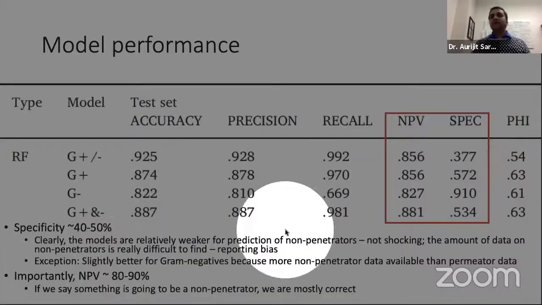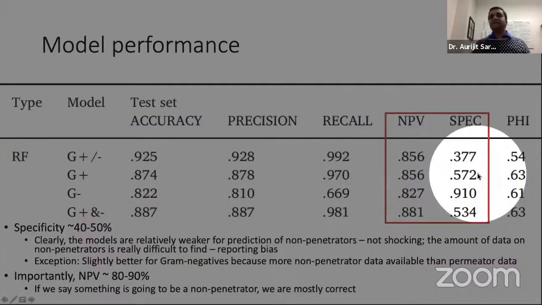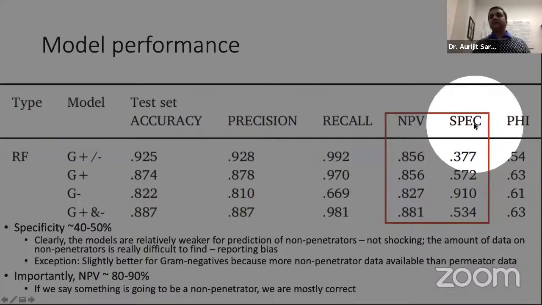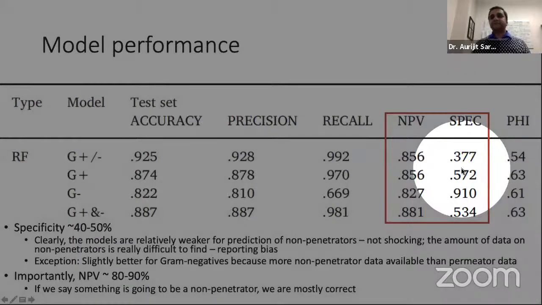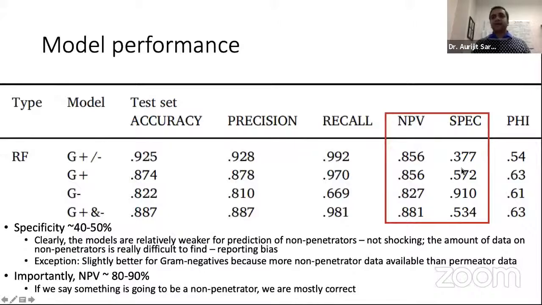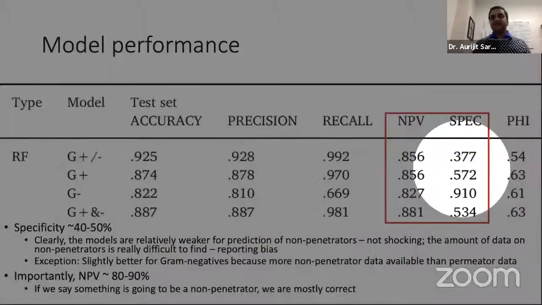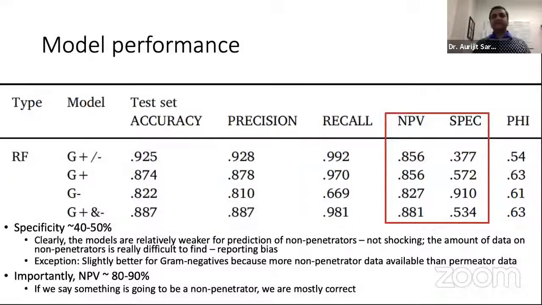In all of the other cases, we're making between 40 to about 60% correct predictions. However, in the case of gram-negatives, we're making it correctly at 91%. The reason for that is because we had more data for gram-negatives on chemicals that do not penetrate.